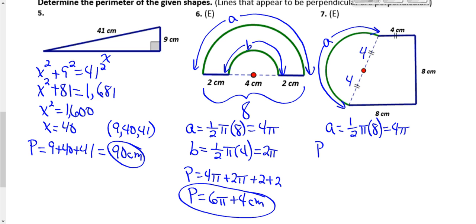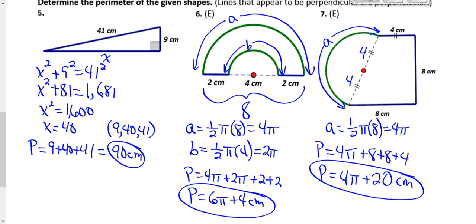So perimeter equals 4 pi plus 8 plus 8 plus 4, 4 pi plus 20 centimeters. Okay? All right, so we got a formula for circumference.